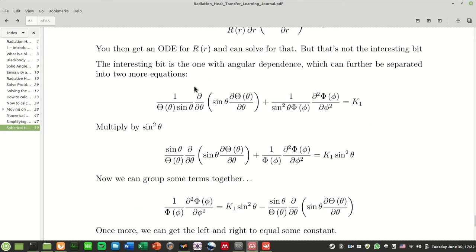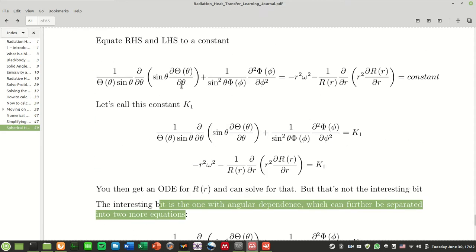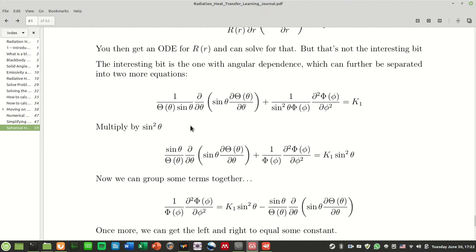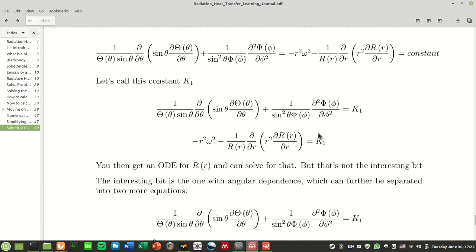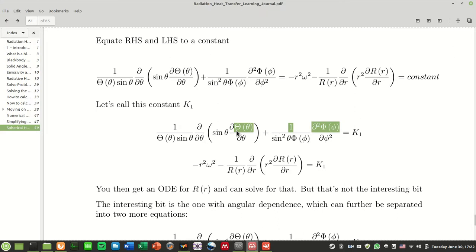Okay, so what we do is we try to separate this equation out into a further two terms. We try to do the same thing we did before, to separate out one term over here, hopefully exclusively dependent on the polar angle, and over here a term exclusively dependent on the azimuthal angle.